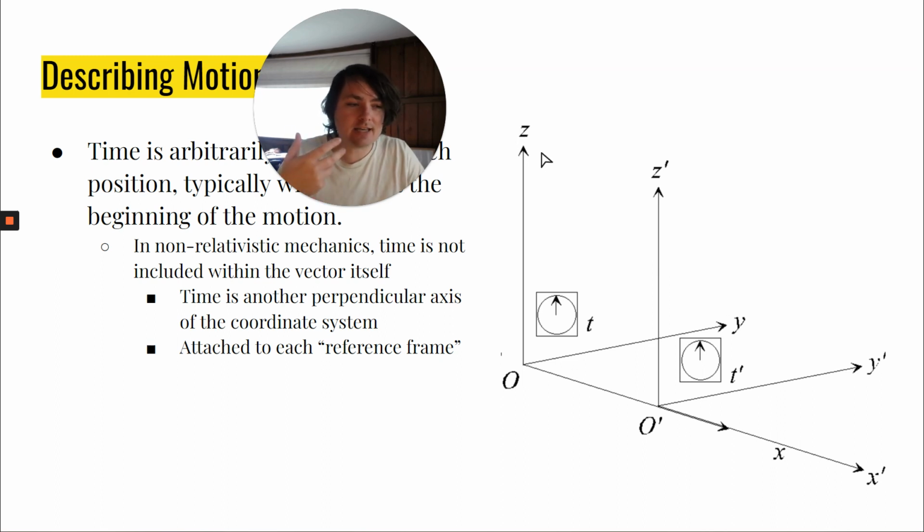And then at some later time, t equals t prime, I have the origin shifted to the origin prime, x prime, y prime, and z prime. So that's another way. This is actually a much more useful way when dealing with things like invariance. And I'll probably use this one more than using a separate axis for time.